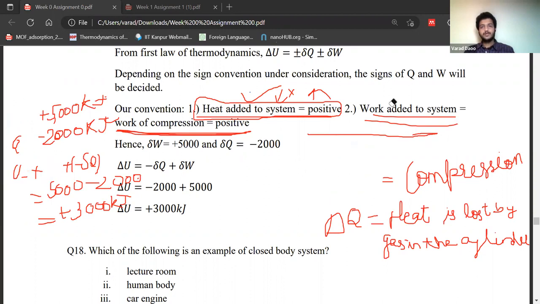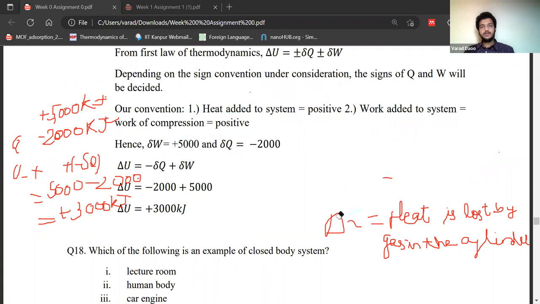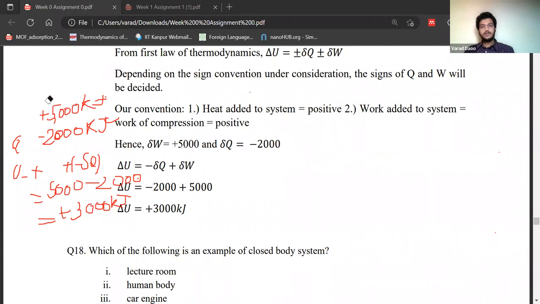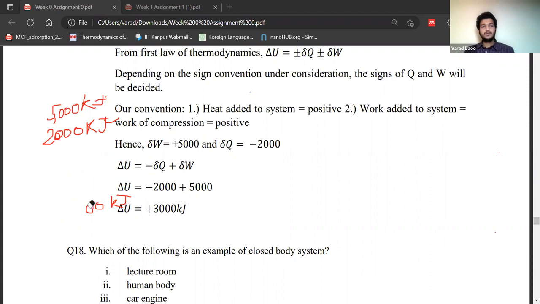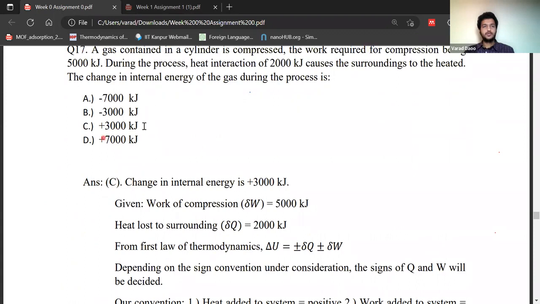So the answer is this. Delta U is plus 3000 kilojoule. That means option C is correct, right?